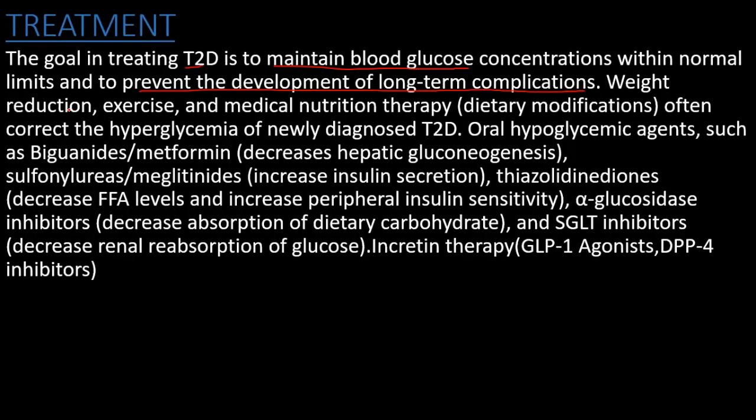Now, weight reduction, exercises, and medical nutrition therapy such as dietary modifications usually correct hyperglycemia in newly diagnosed type 2 diabetes mellitus patients. Okay, so just reducing weight is enough, because remember, insulin sensitivity increases with weight reduction.